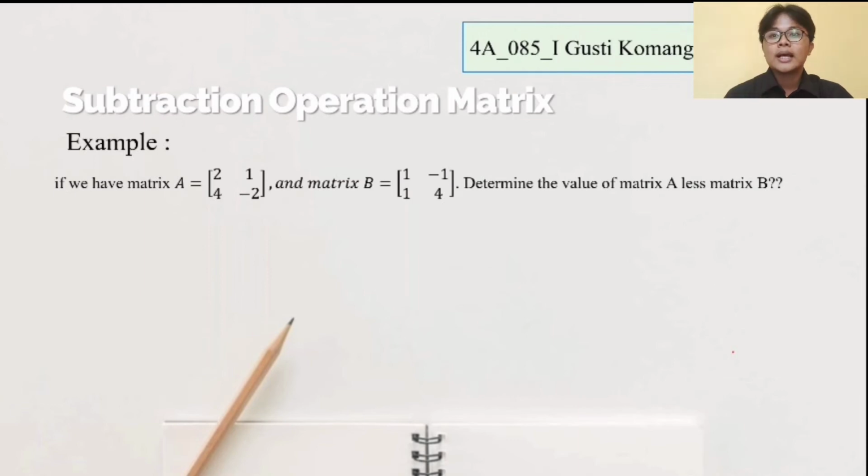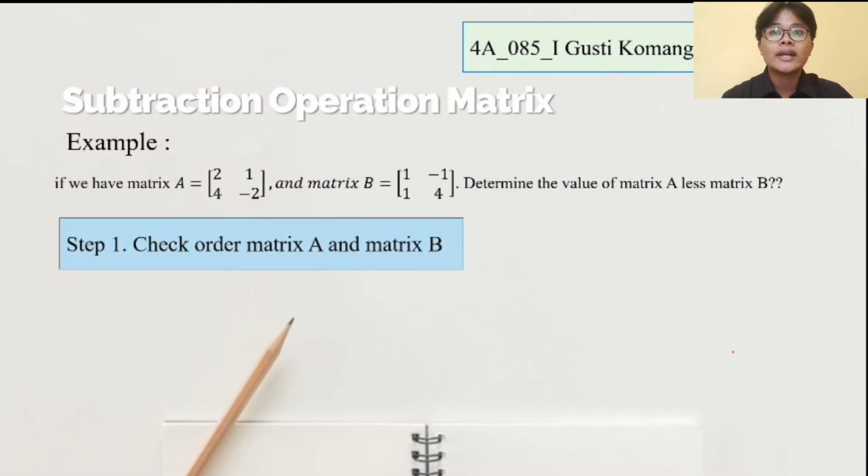Okay, please pause the video and answer the question I gave. If you have the answer, then continue this video to correct your answer. Okay, the first step is to check whether matrix A and matrix B have the same order. As the result, A and B have the same order, so the subtraction operation can be performed.